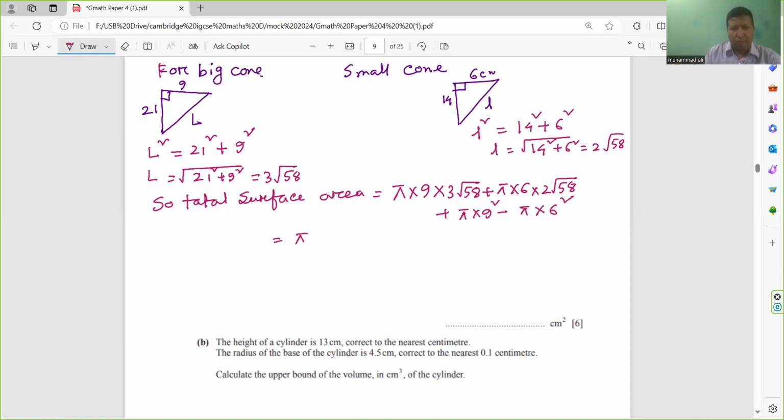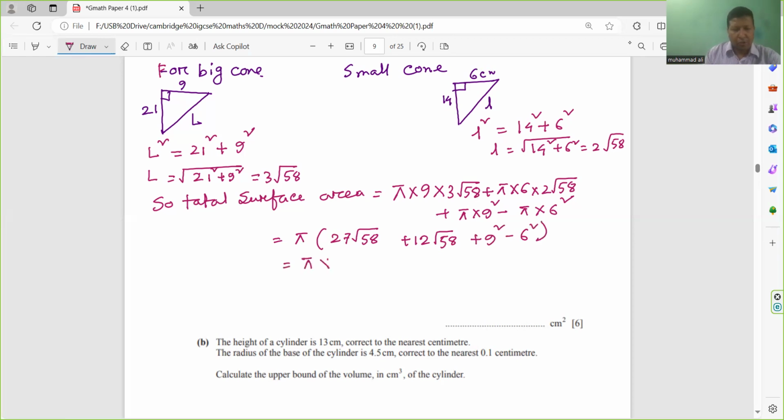So taking pi common, we'll get 27 root over 58 plus 12 root over 58 plus 9 square minus 6 square.